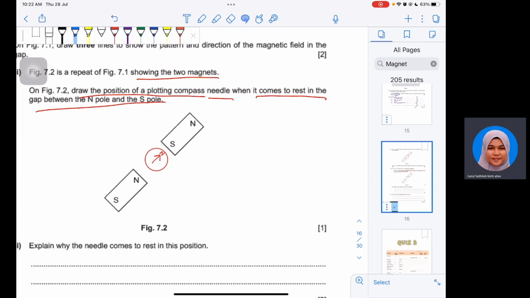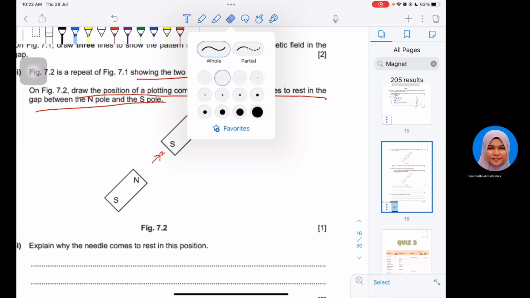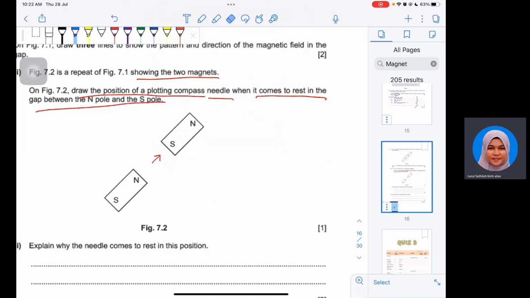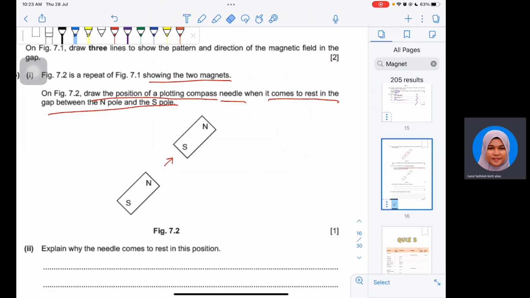So you have to draw like this. Tapi you don't need all the circles, all the details tak perlu. Kita nak the arrow je sebab dia kata position of the plotting needle. Kalau dia minta compass je, awak lukislah macam ni.